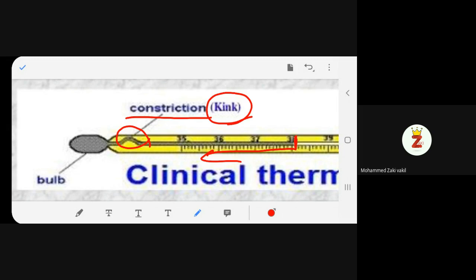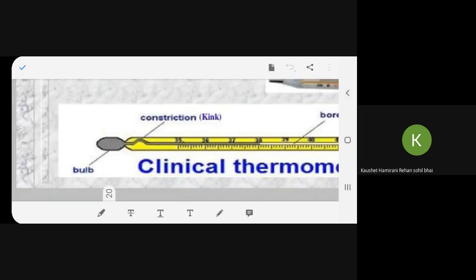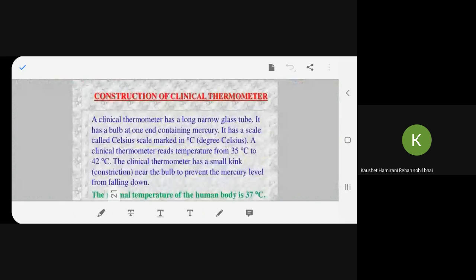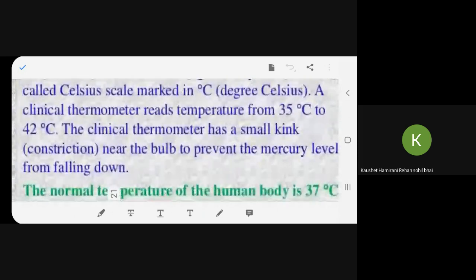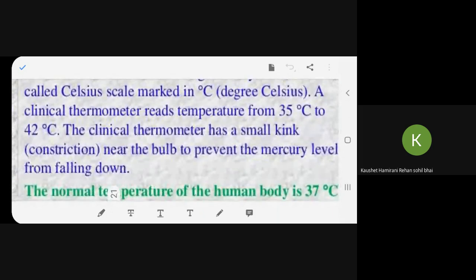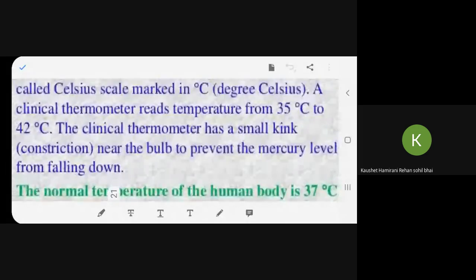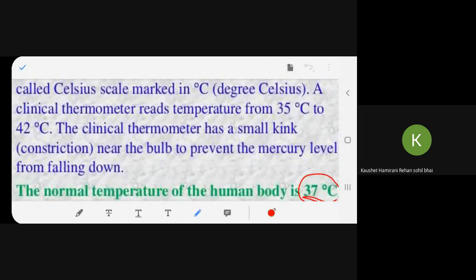It reads temperature from 35 degrees Celsius to 42 degrees Celsius. And what is the normal temperature? It is 37 degrees Celsius. And if it goes beyond 37 degrees Celsius, that means you have a temperature.